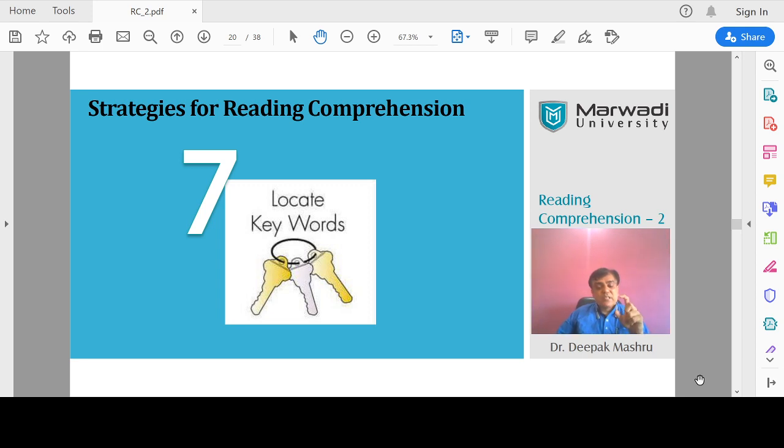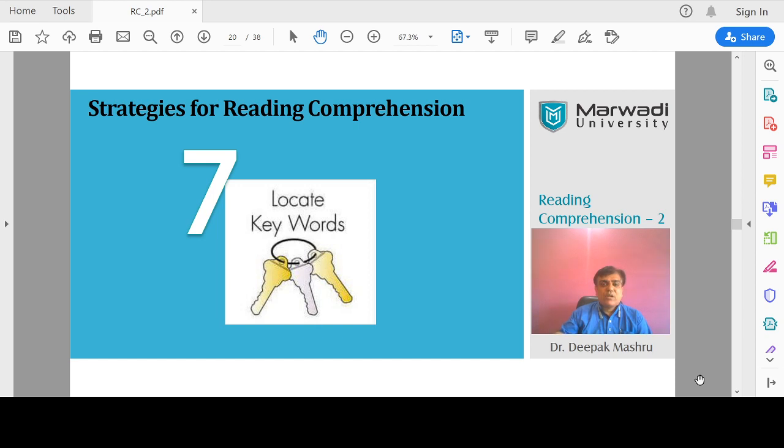So keywords means the words which have been used frequently in the paragraph, which demonstrate the theme, the area of the paragraph that the author has decided to write about.